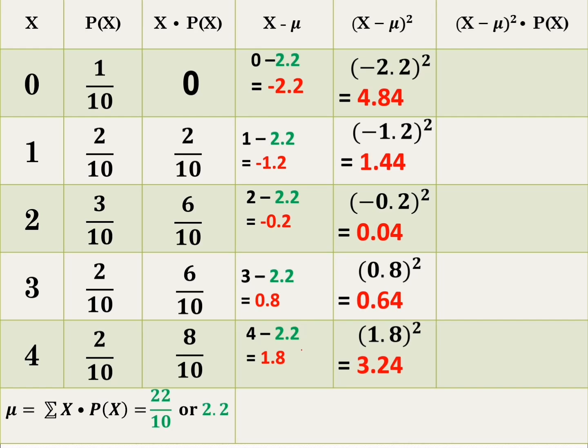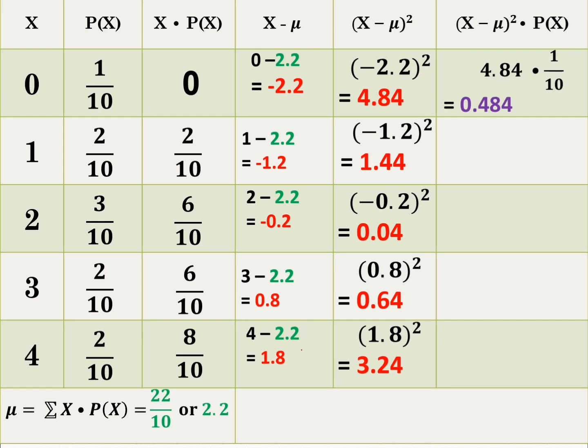And then last column, we're going to multiply this column to P of x. Parang ganun lang yan kanina. Ang pinagkaiba lang, itong P of x natin, kanina siya ay yung frequency or yung F. Pinalitan lang natin siya ng P of x, okay? So, we have x minus mean quantity squared multiplied by the column of P of x. Ito yung pag-multiply natin. 1 over 10 and 4.84. So, multiply natin.